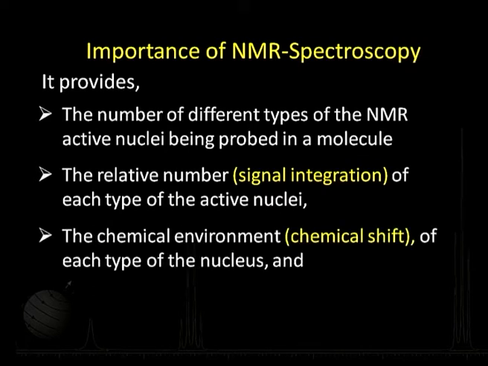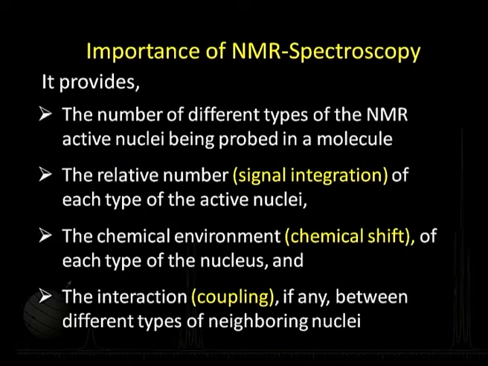Then it also provides us the chemical environment, which we will see in terms of chemical shift in later sessions. Basically it tells you about the different protons which are there, and what kind of chemical environment they are in, whether in an electropositive or an electronegative environment. All those things can be deciphered from the spectrum.